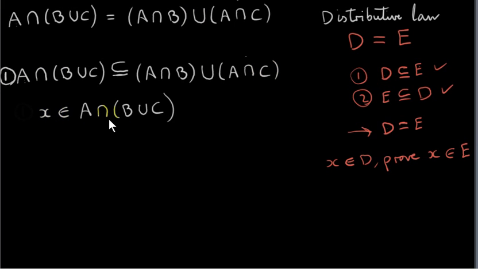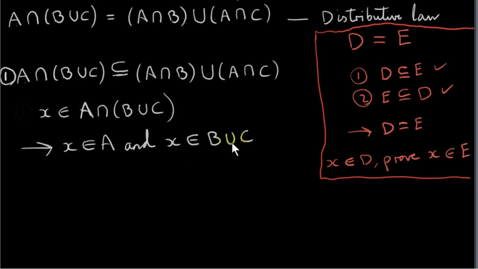So let X be an element in A intersecting B union with C. Let's look at the consequences of this. If X is in the intersection of A and B union with C, it means that X is in both sets. X is in set A and X is in B union with C.